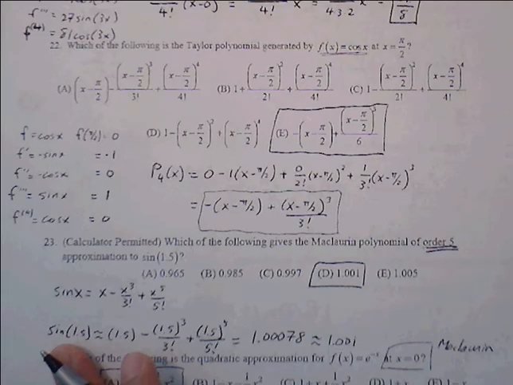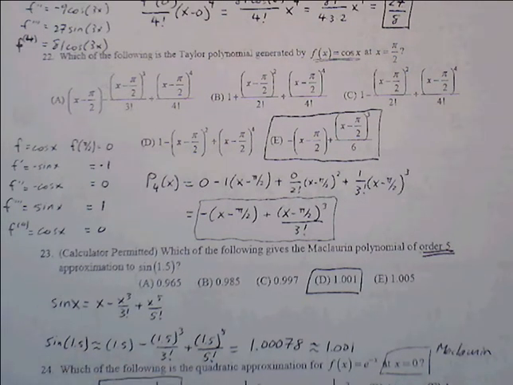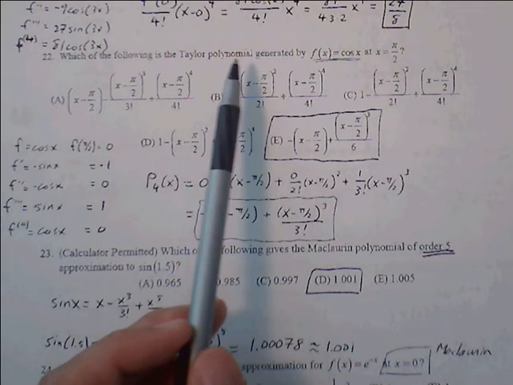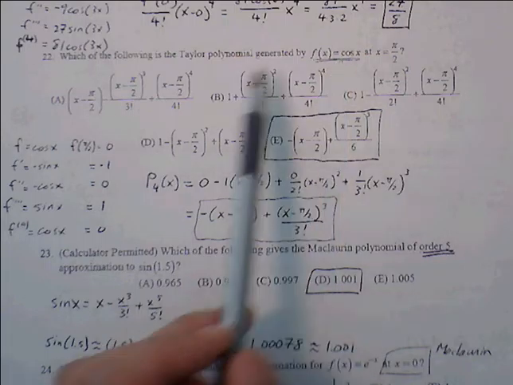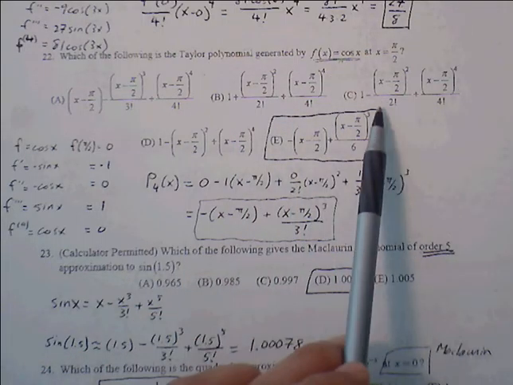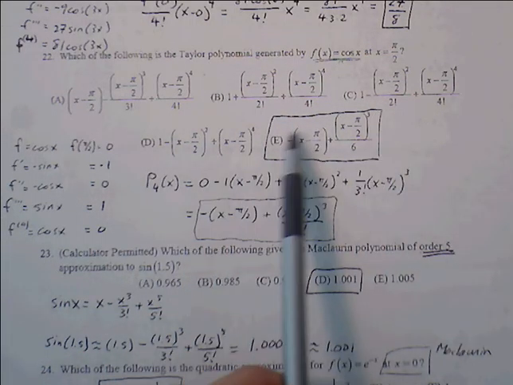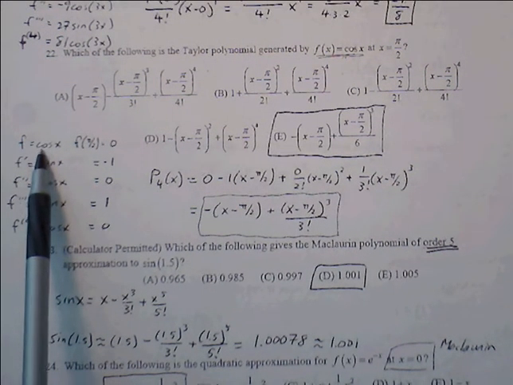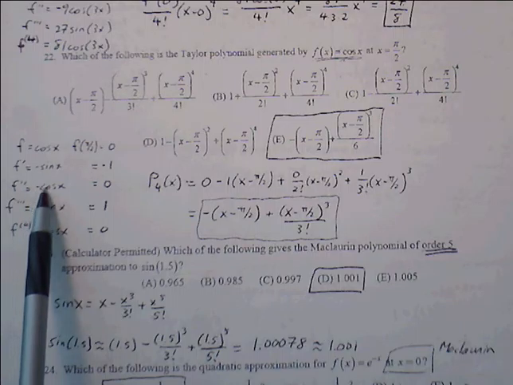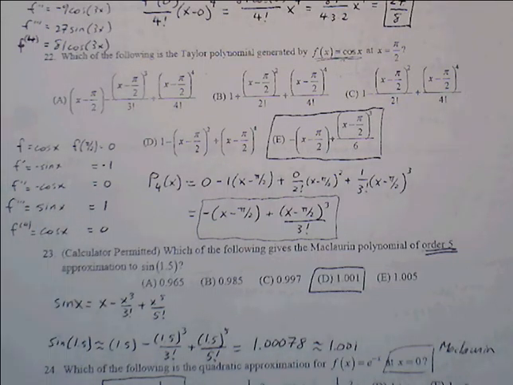22. Which of the following is the Taylor polynomial generated by cosine of x at pi over 2? Let's build our Taylor polynomial by finding our derivatives down to the fourth degree, since the choices are either third or fourth degree. f of x is cosine, so f prime is negative sine, f double prime is negative cosine, then it becomes sine, and finally it becomes cosine.